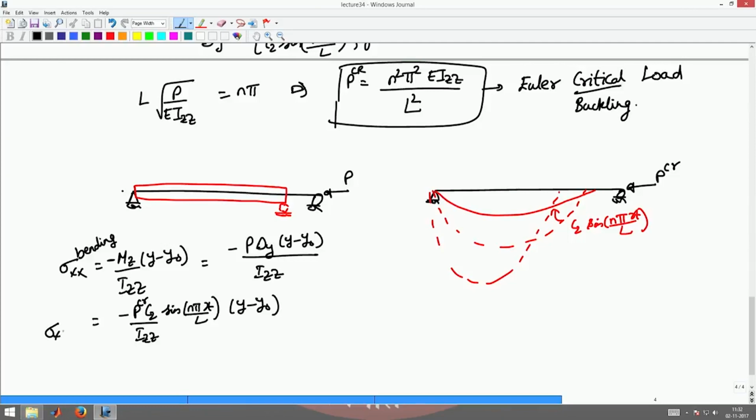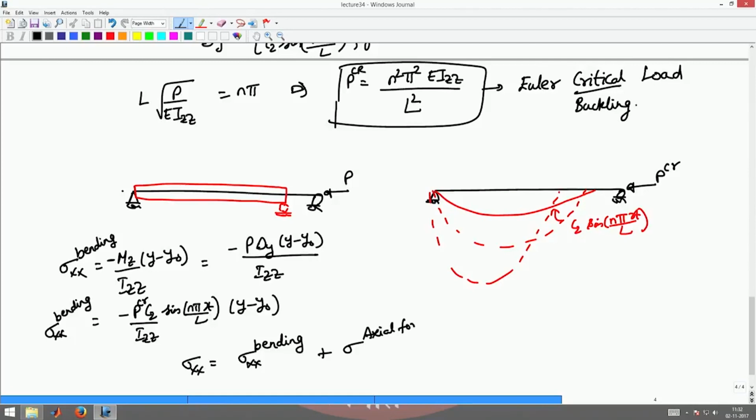Sigma xx due to bending is this. The net sigma xx would have two components, a bending component plus an axial force component.